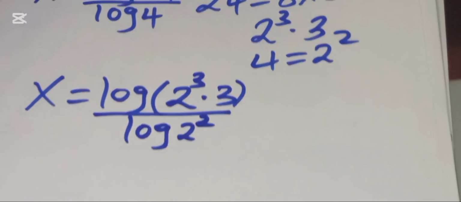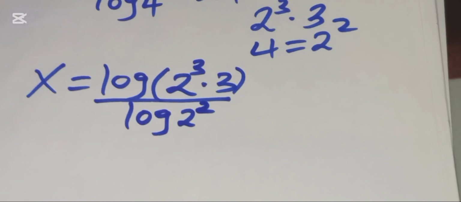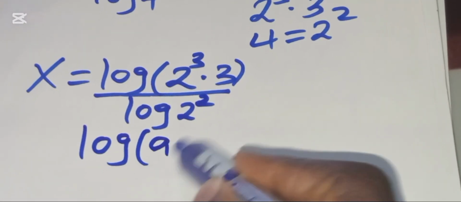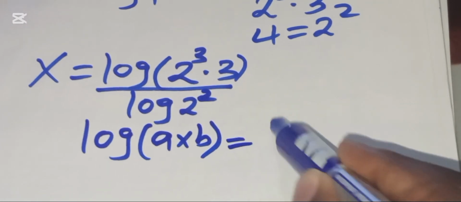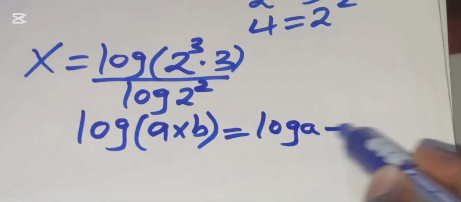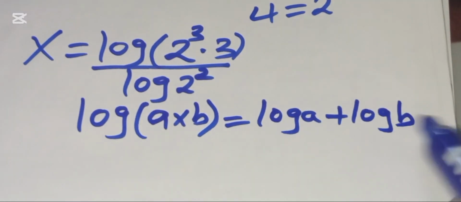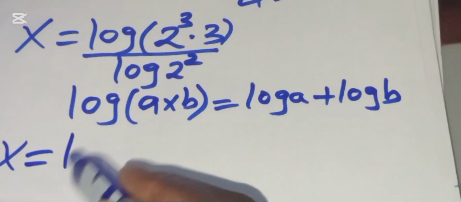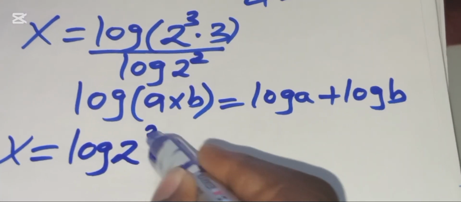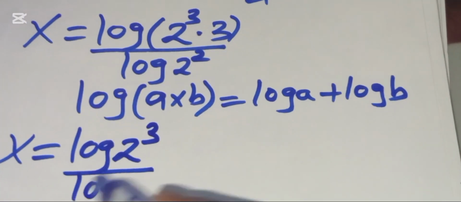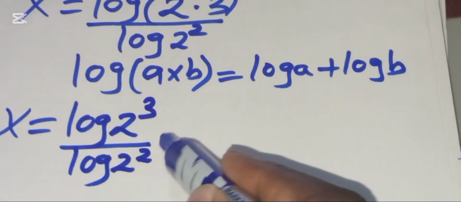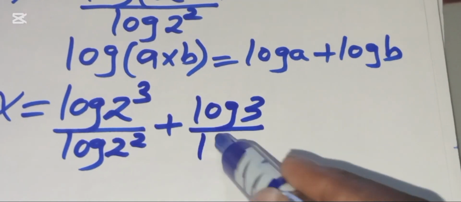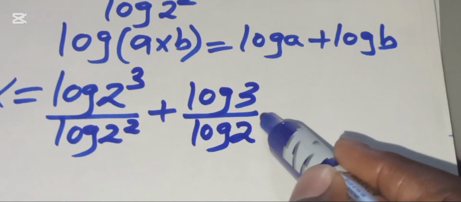Now log of 2 to power 3 multiplying by 3 is in the form of log a multiplying by b, which we can express as log a plus log b. Let's apply this logarithm property, so that x is equal to log 2 to power 3 divided by log 2 to power 2, plus log 3 divided by log 2 to power 2.